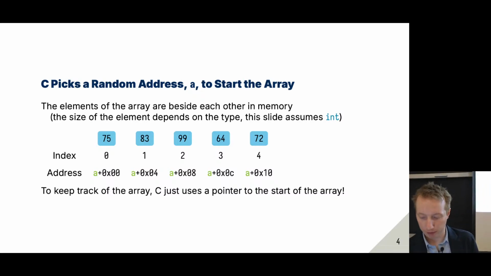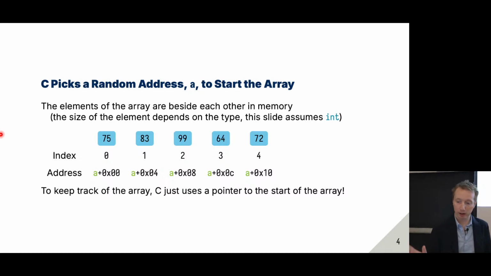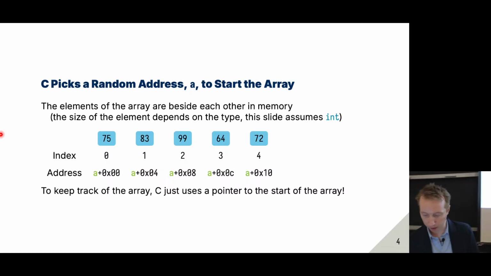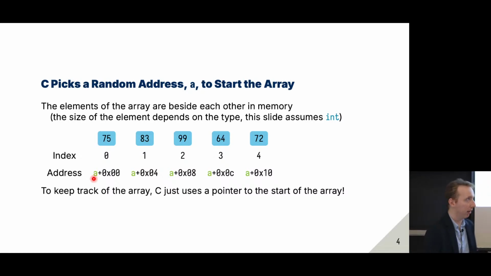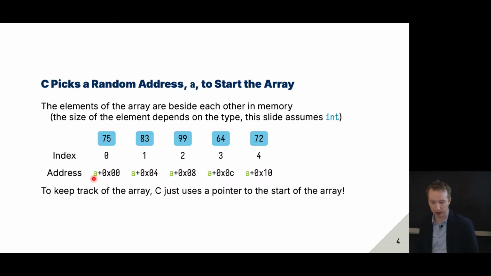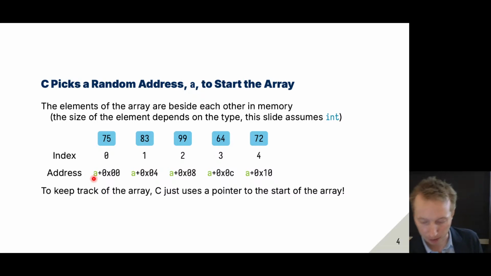So the size of the element depends on the type. I'm using an int here, so it's 4 bytes. It picks some random address A that I highlighted in green just so we can keep track of it, and that will be the starting address of the array, and then all of my ints are going to be beside each other in memory.